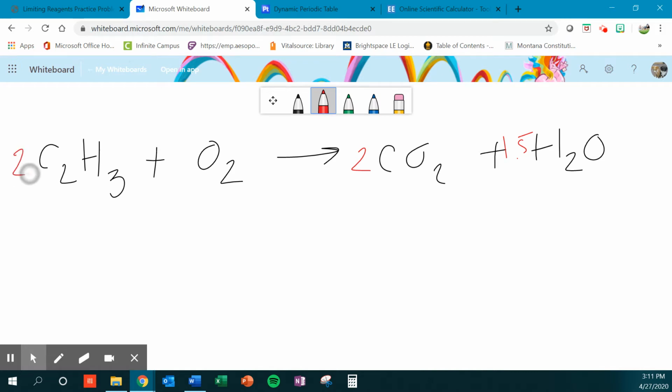And so we have 2 of those, 4 of those, and then we would have 3 of those. If we check, our carbons are balanced, our hydrogens are balanced, our oxygens, unfortunately, are not balanced yet. And so we have to keep working with those.